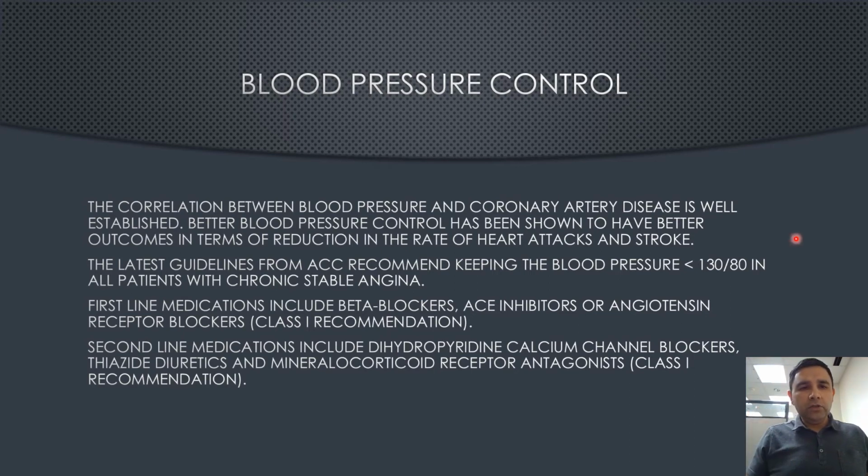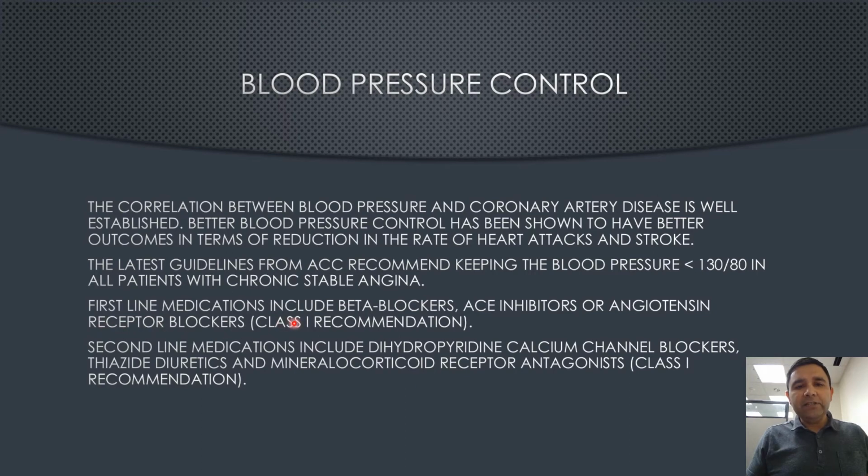The correlation between blood pressure and coronary artery disease is already well established. Better blood pressure control has been shown to have better outcomes in terms of reduction in the rate of heart attacks and stroke. The latest guidelines from the American College of Cardiology recommend keeping the blood pressure less than 130/80 in all patients with chronic stable angina.